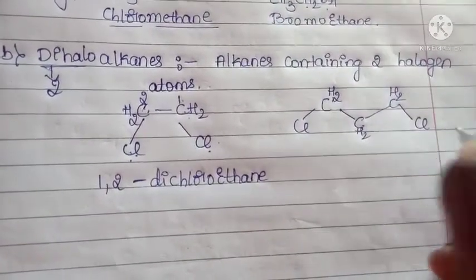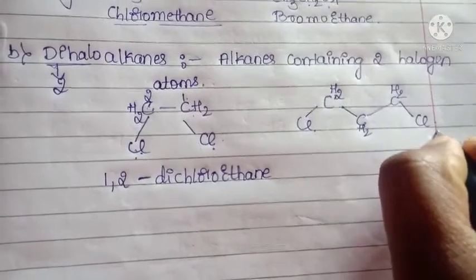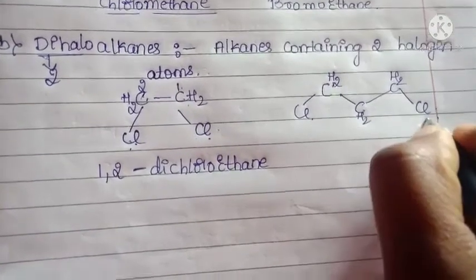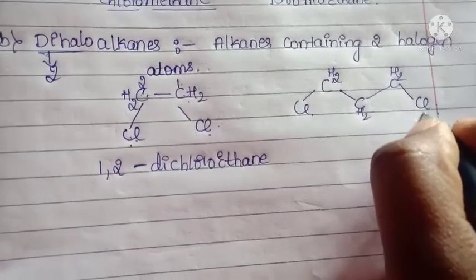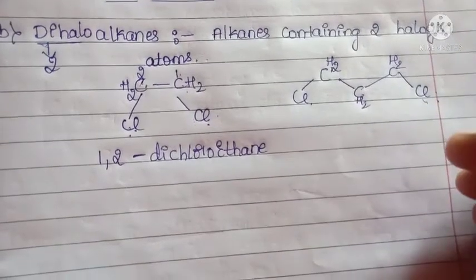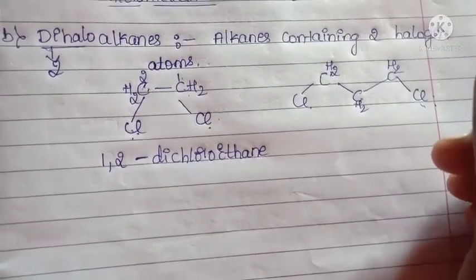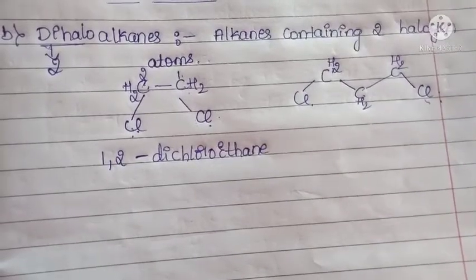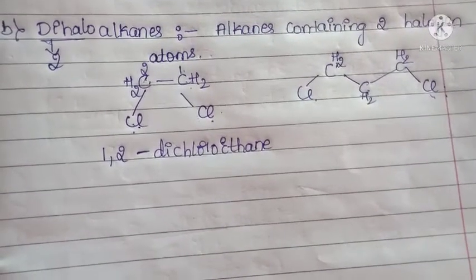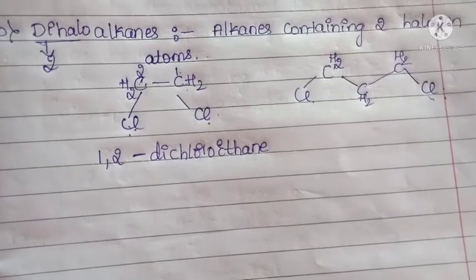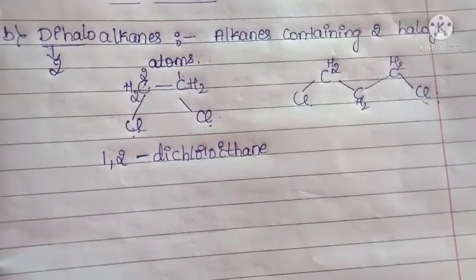Okay, this has 2 chlorine atoms attached. In the place of chlorine atom you can also write bromine or fluorine or iodine, whatever it may be. If you get confused, you can use only one halogen atom, so then you won't get any confusion in the examples.